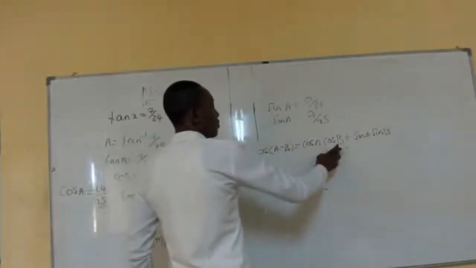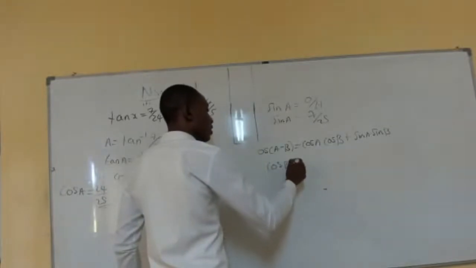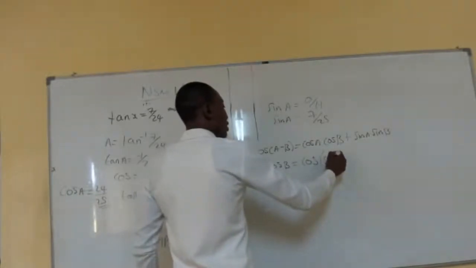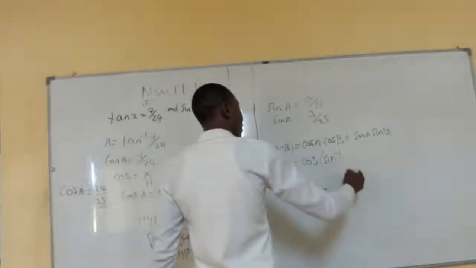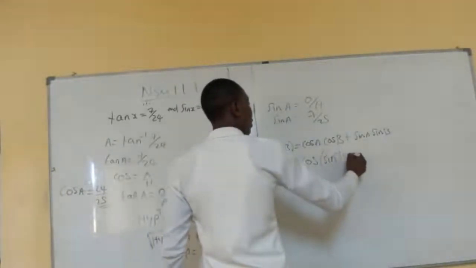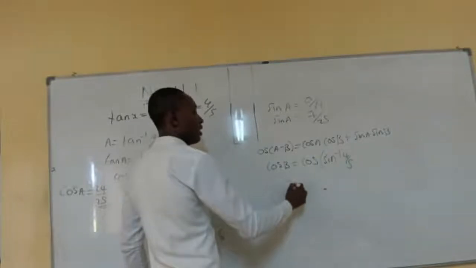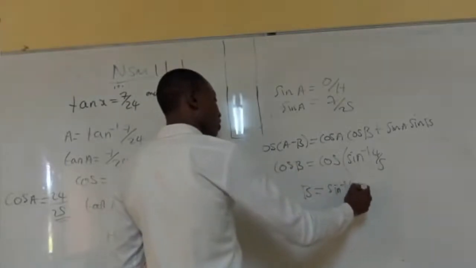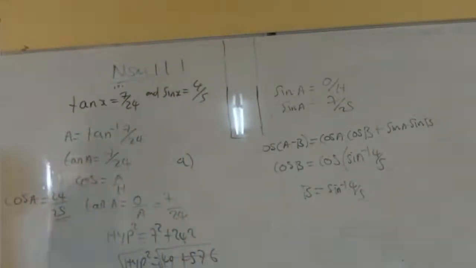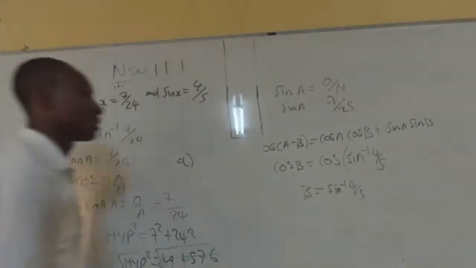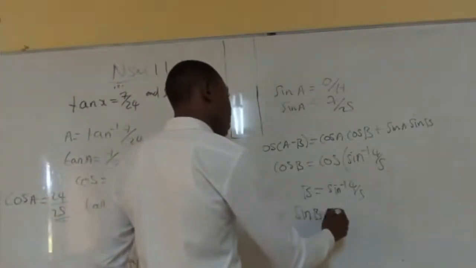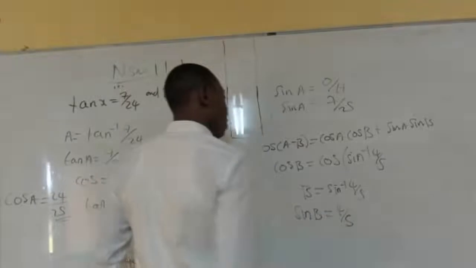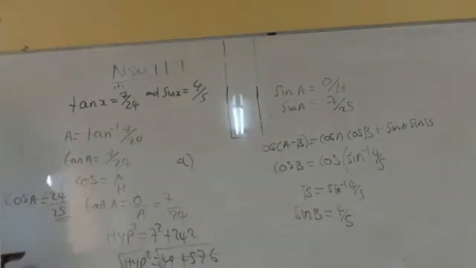So now we have cos B equal to cos of sine inverse of 4 over 5, meaning B is actually equal to sine inverse of 4 over 5. So what is sine B? Sine B is 4 over 5.